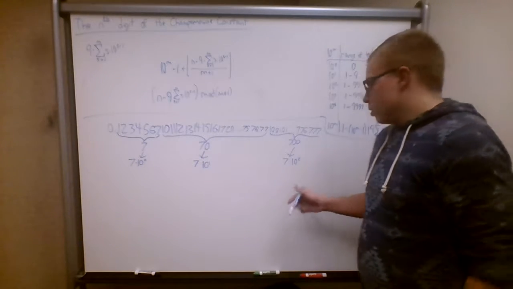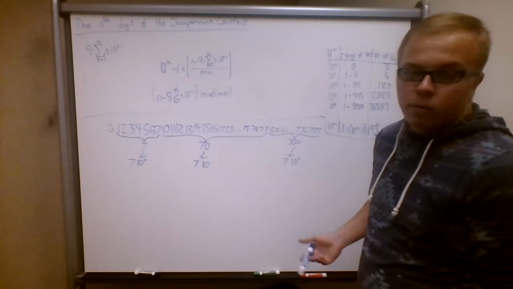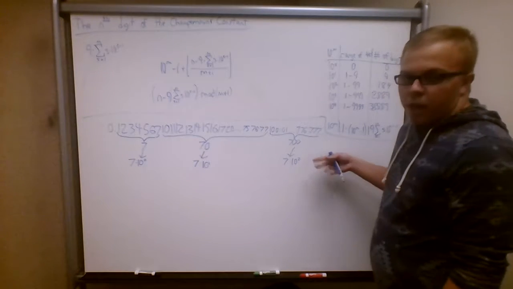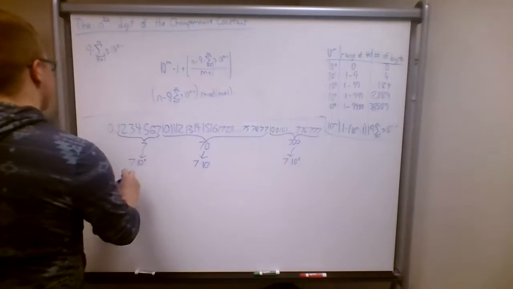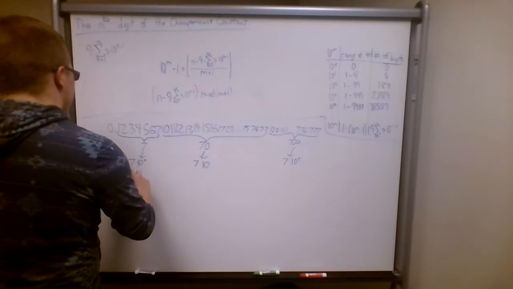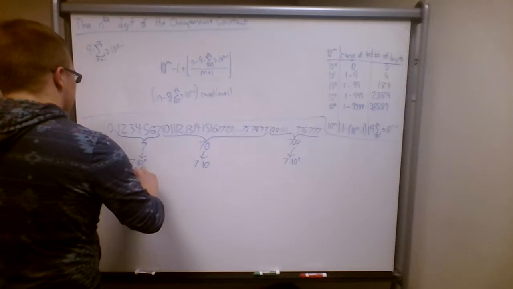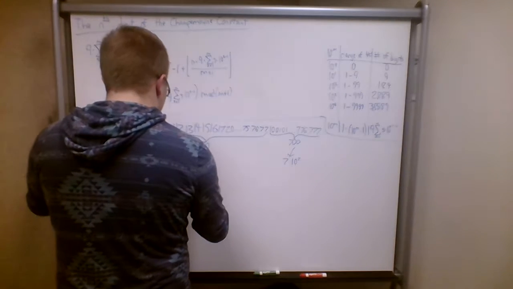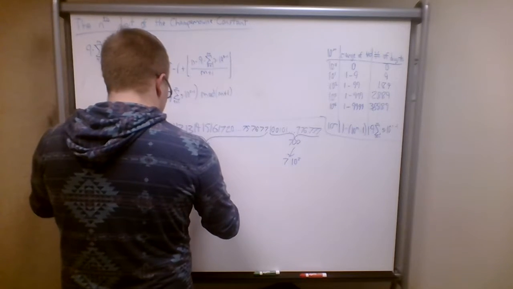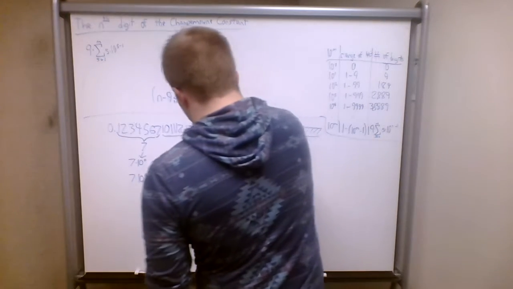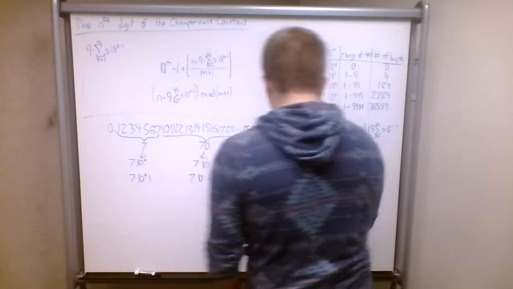And to find the number of digits, we just need to multiply by the number of digits that are there. So we're going to go ahead and write 7 times 10 to the 0 times 1, and 7 times 10 to the 1 times 2. There we go.